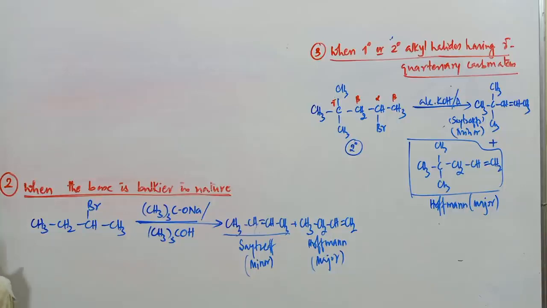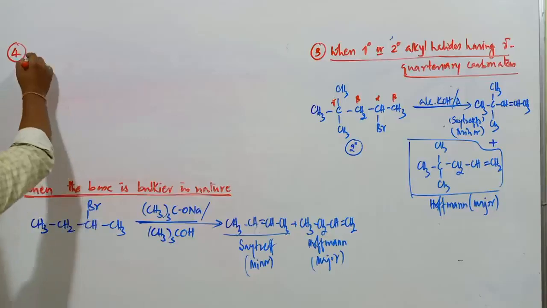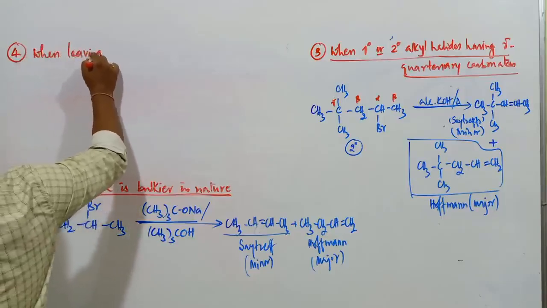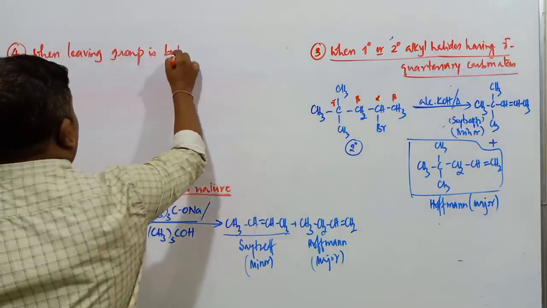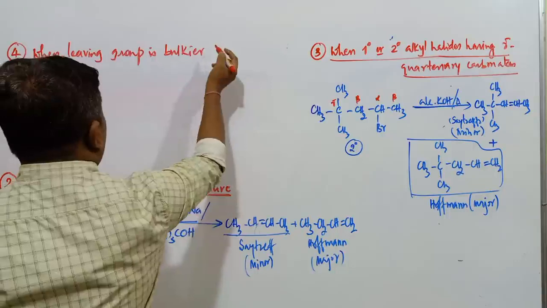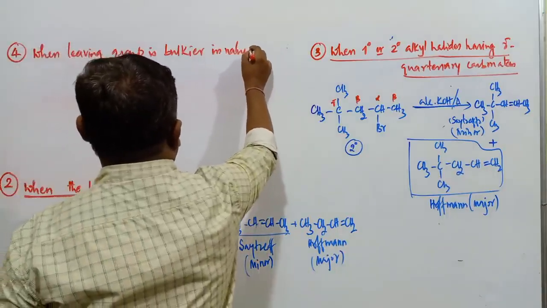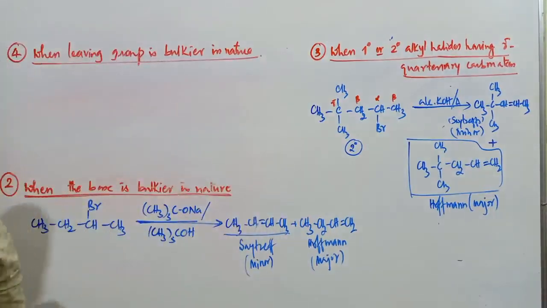And the last case, number fourth: when the leaving group is bulkier in nature. Wherever the leaving group is going to be bulkier in nature, in that case also the Hofmann product will be the major product when compared to the Saytzeff product.